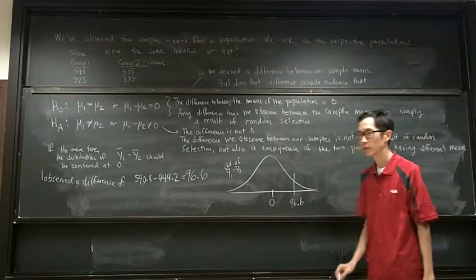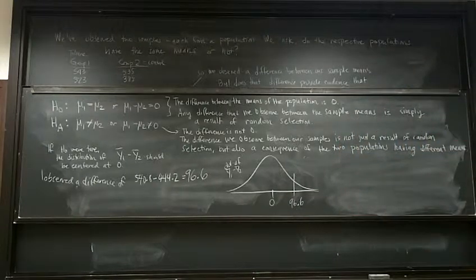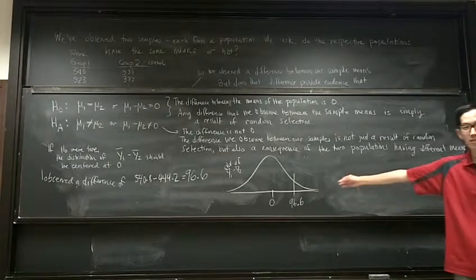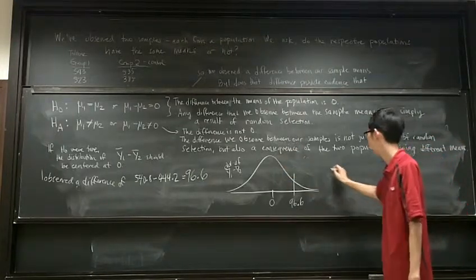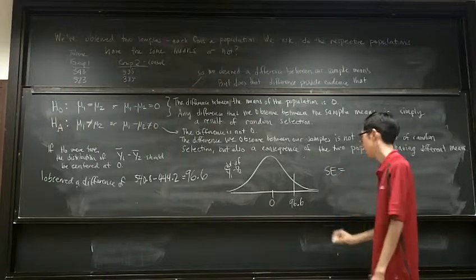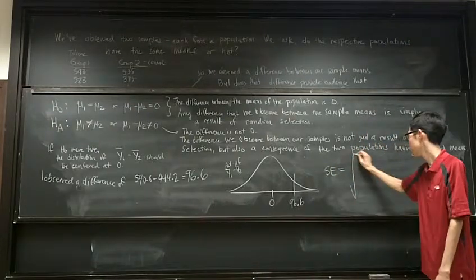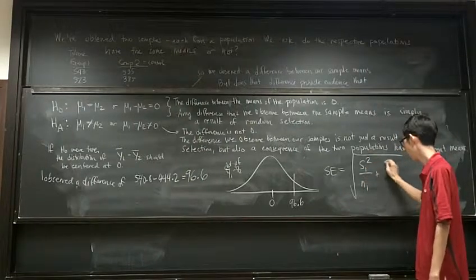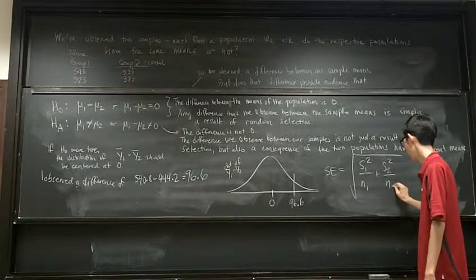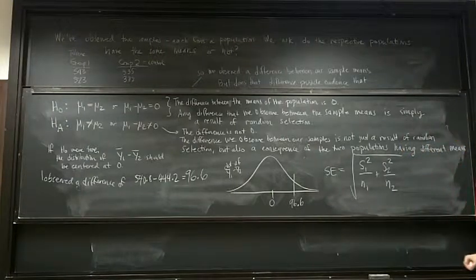Is this a large value or a small value? Well, it all depends on what? The standard deviation, or the standard error of this distribution. Okay, so we got to figure out our standard error. This should look familiar. It's a standard error for a difference, same as when we were dealing with confidence intervals.